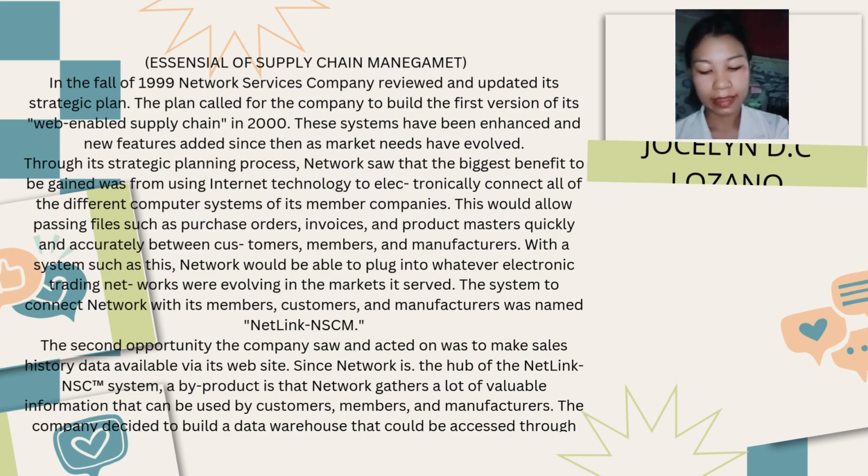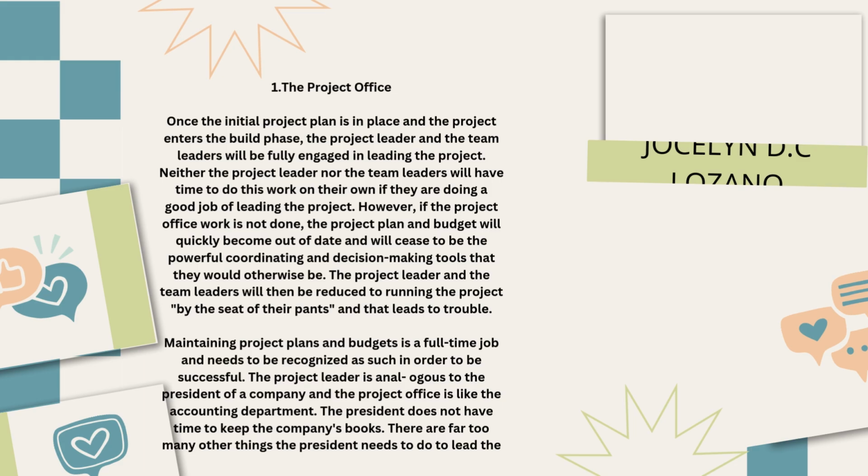NetLink NSCM would allow Network to do that for those customers that wanted to enter orders over the web. Network decided to use a website order entry package from a supply chain service provider named Riversource.